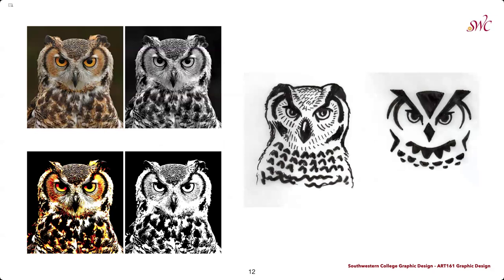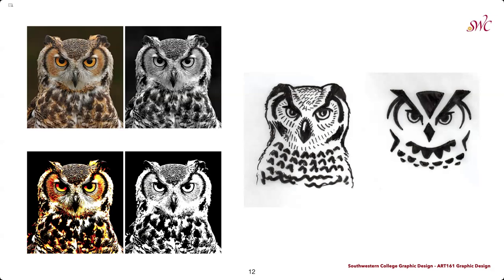Now, if we look at where we're at within the process, we took an original image and brought that into Photoshop. And this is used to help you to start to articulate these basic forms. We can see in the original image up here in the top left, it's very detailed with all the feathers, but as soon as we use some of the posterize and threshold effects, it already starts to simplify that form for us.